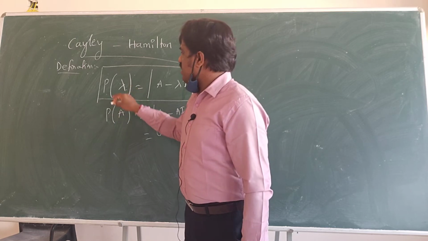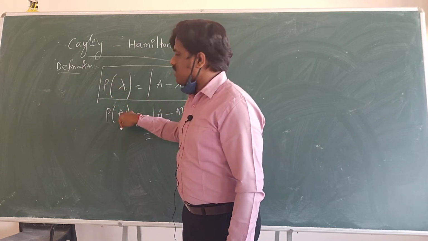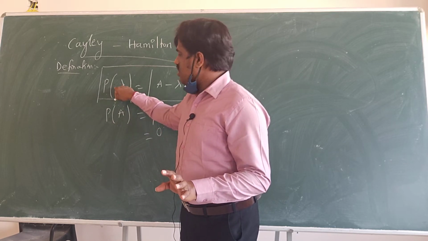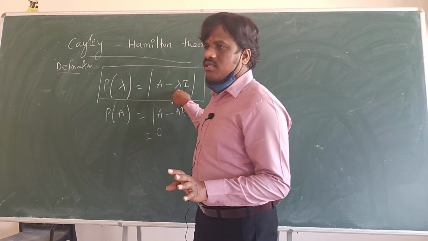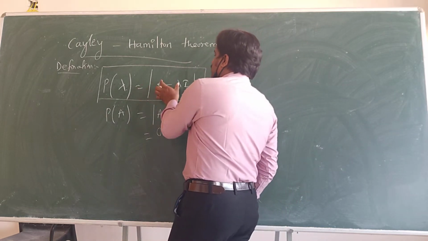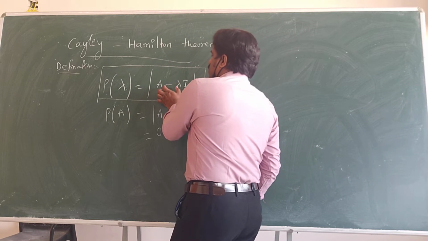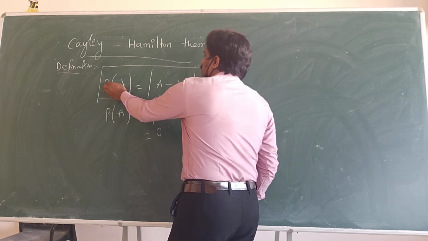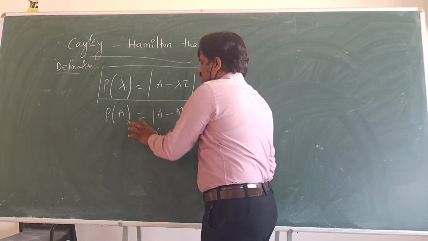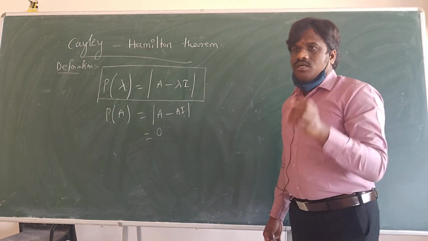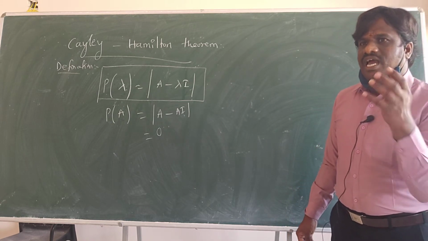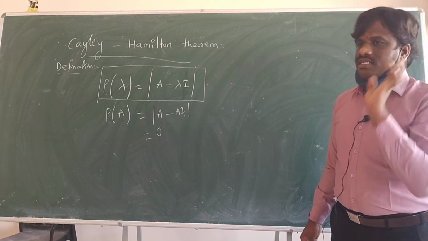He is saying that this polynomial is satisfied by the matrix. So if I substitute A in this, I will get 0. That is, P of A is equal to 0.